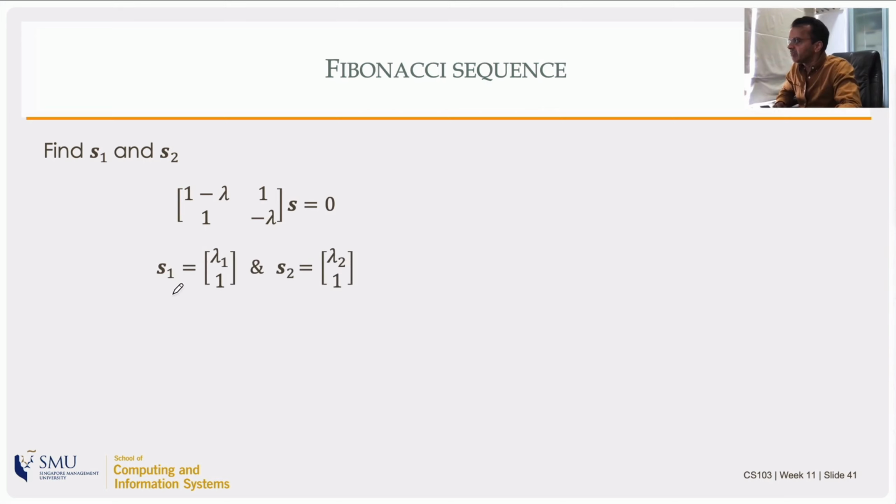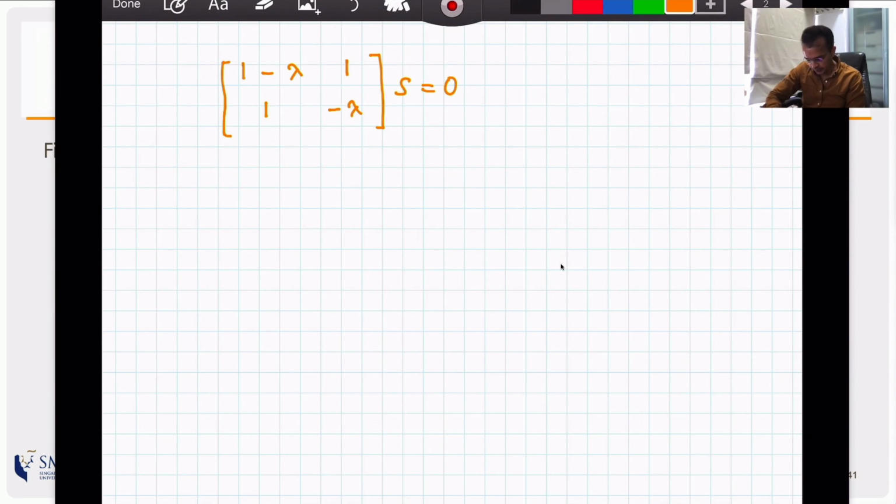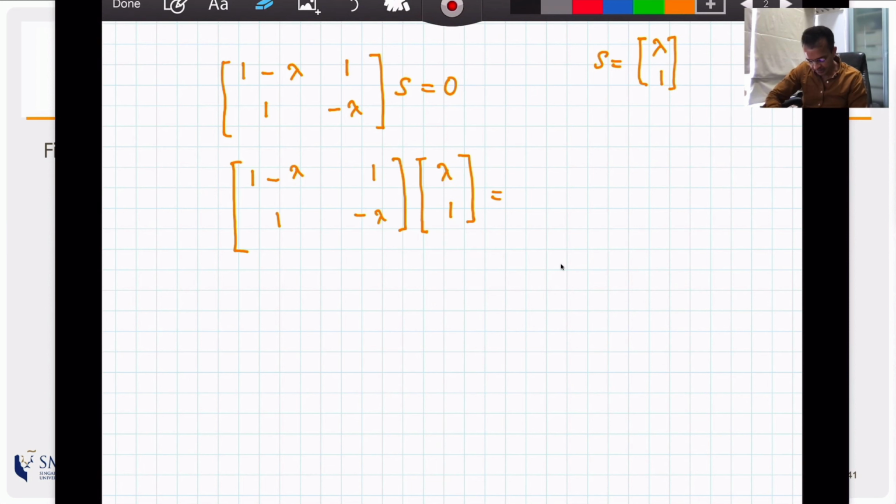We can actually see that the eigenvectors are s1 is (lambda 1, 1) and s2 is (lambda 2, 1). That is easy to see. Okay, so this is what I want to do. If I take s equal to (lambda, 1), what do I get? I get lambda minus lambda squared plus 1 in the top, and in the bottom I get lambda minus lambda.